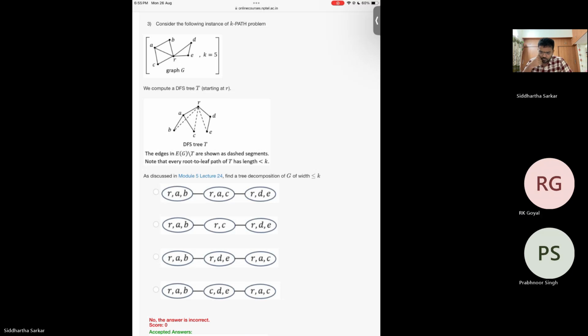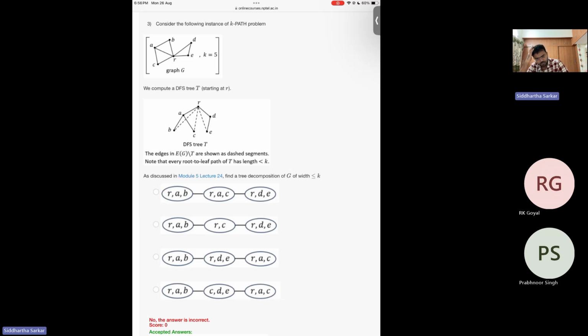The difference between BFS and DFS tree is that in a BFS tree, between a layer 1 vertex and a layer 3 vertex, there cannot exist an edge because of the argument we have seen. But here, you go down the tree and at some layer there is a vertex which is connected to the root, which is possible. For example, in this case, B is connected to the root R.